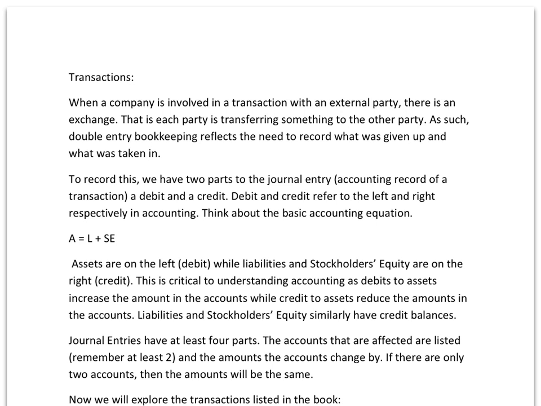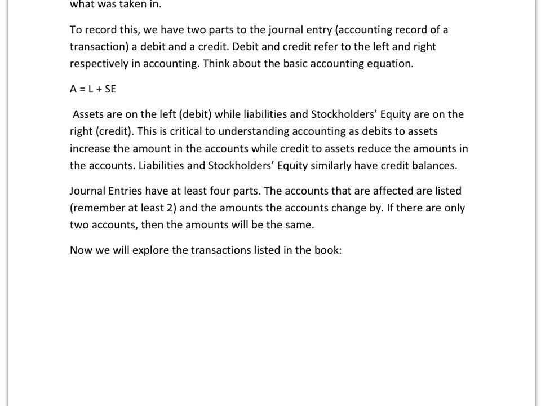And if we think about that basic accounting equation, assets equals liabilities plus stockholders' equity, it is set up: assets are on the left, liabilities and equity are on the right. And as such, assets normally have a debit balance, while liabilities and equity normally have a credit balance.